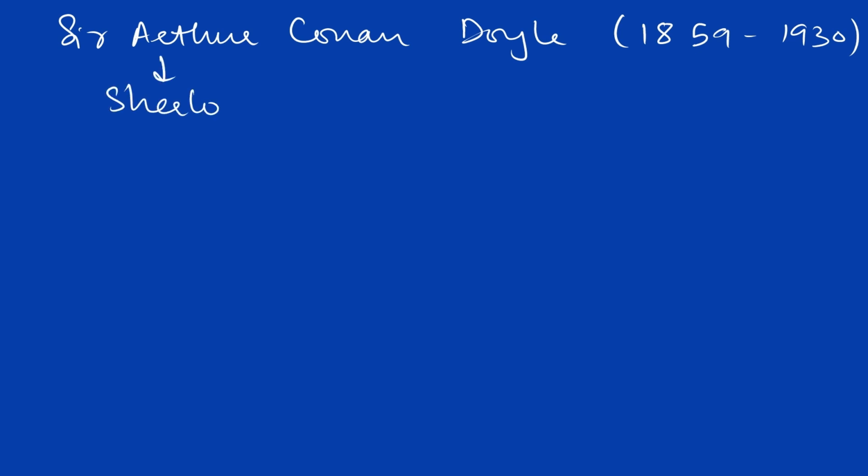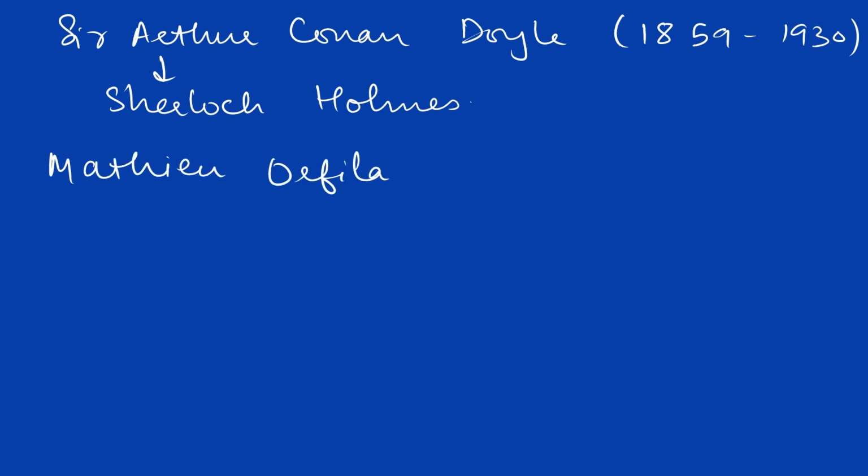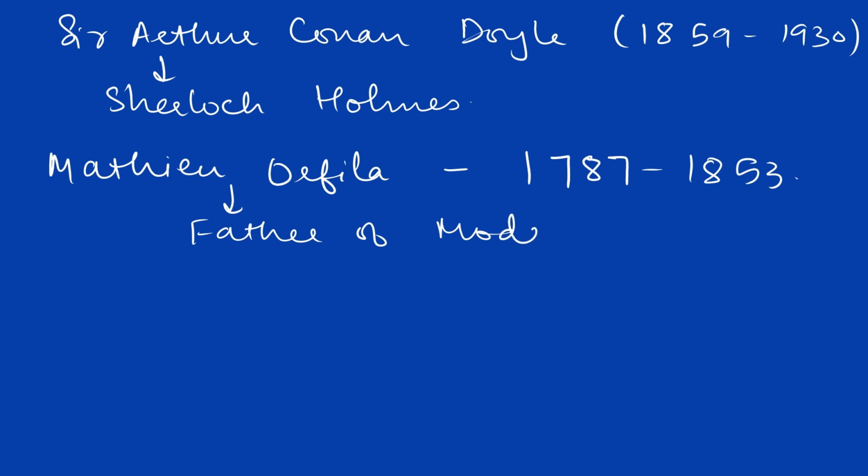Now talking about another scientist, Matthew Orfila. Matthew Orfila, from 1787 to 1853, is the father of modern toxicology, and he developed methods for analysis of poisons.